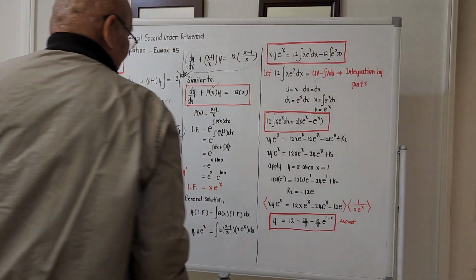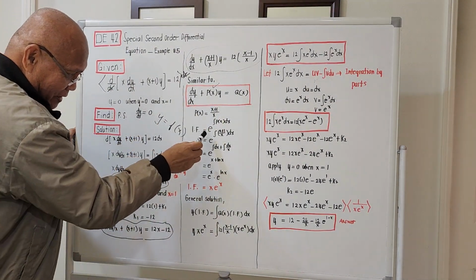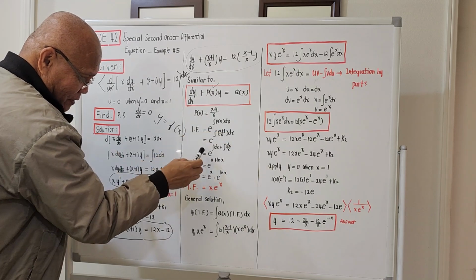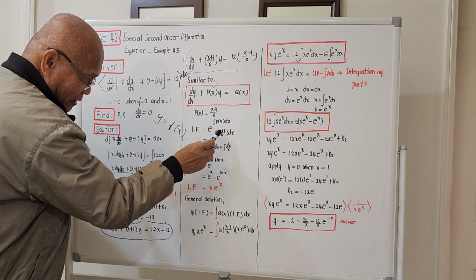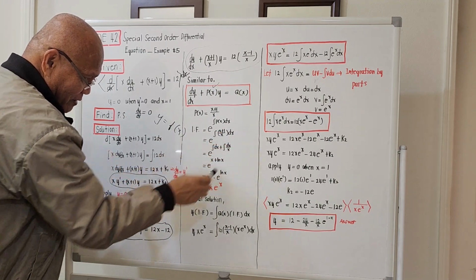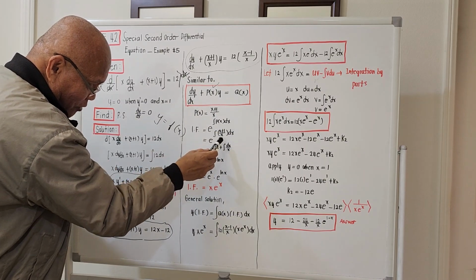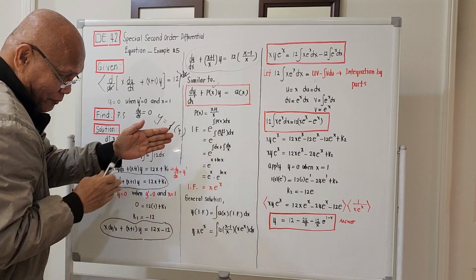Okay. And the integrating factor for this case is e to the integral of p of x dx. So this should be equal to e to the integral of (x plus 1) over x times dx. Two numerators all over one denominator, we could distribute it.